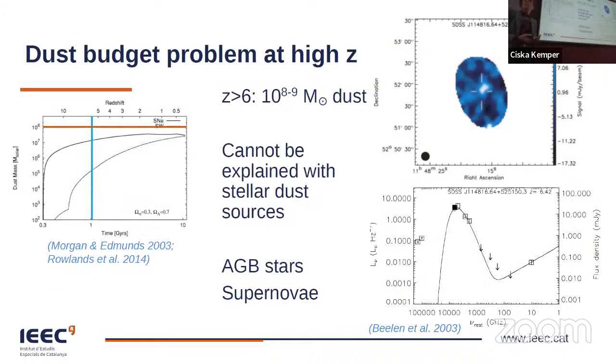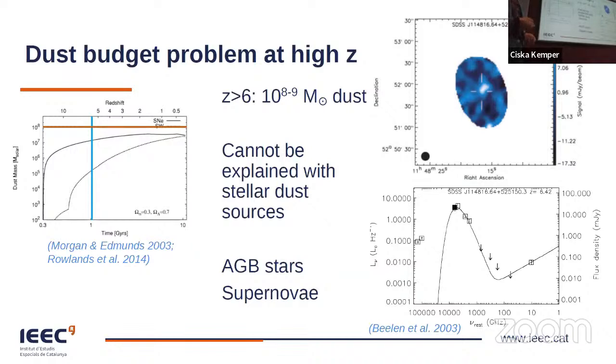So we have a dust budget problem in the nearby universe, but it turns out we also have a dust budget problem at a higher redshift, and that's where this dust budget problem was first identified and named, because you have so much less time available to build up your interstellar dust reservoir.